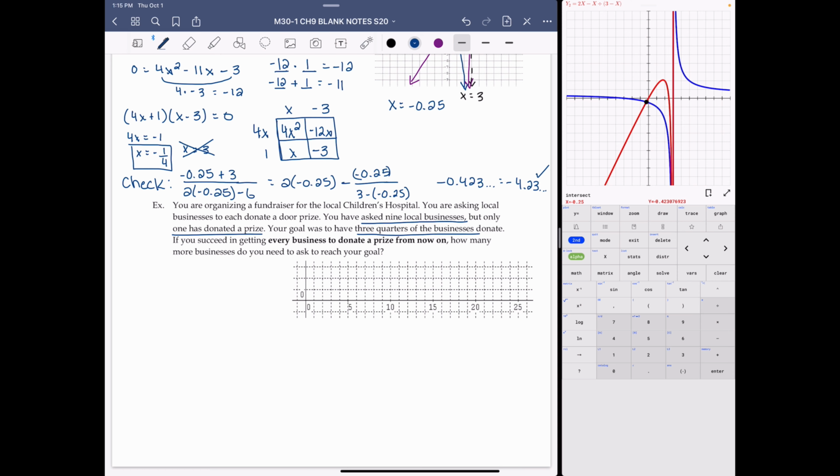Our function, we'll call it f of x, would be the ratio of number of donations over number of businesses asked.